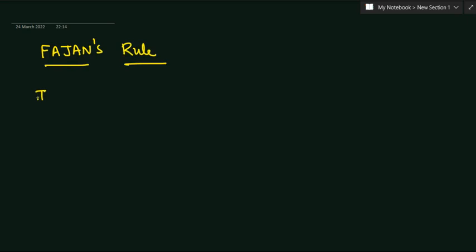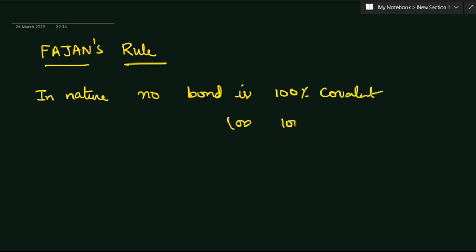So in nature, no bond is 100% covalent or 100% ionic.